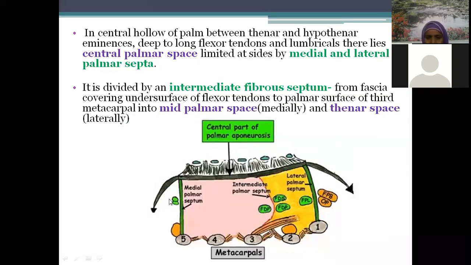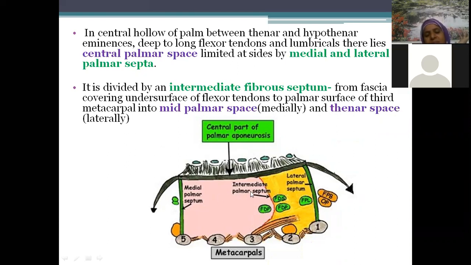Okay. Now see here. This is Datta's picture. What is this picture showing us, from yesterday when we have seen the palm? First of all, I have shown you the skin. Below the skin, we have seen the superficial fascia. Then we have seen palmar aponeurosis. We saw few structures passing superficial to flexor retinaculum.